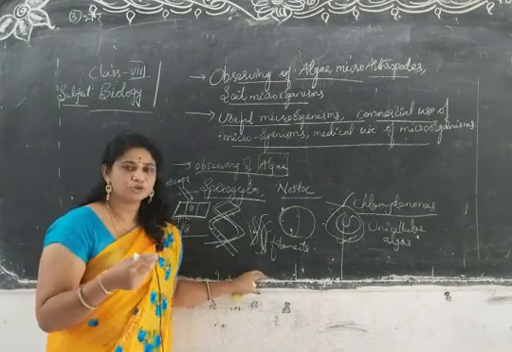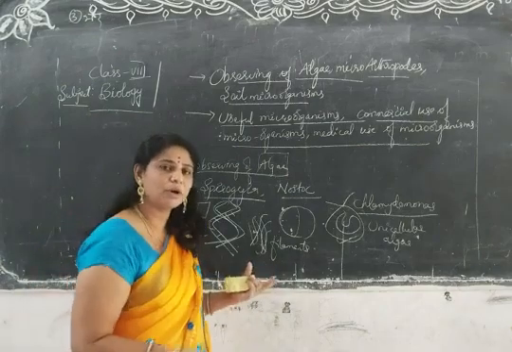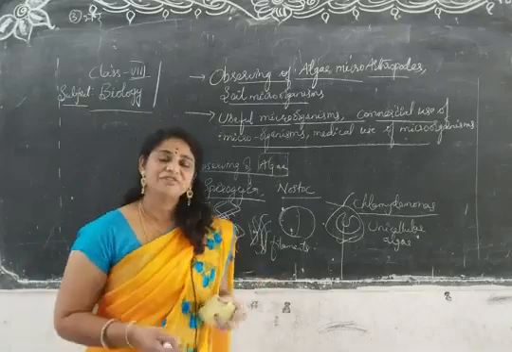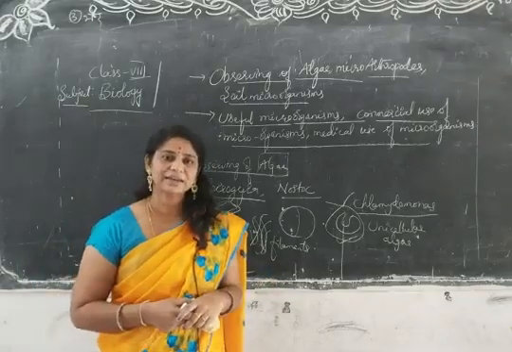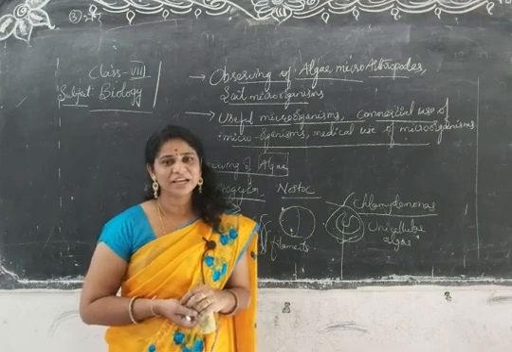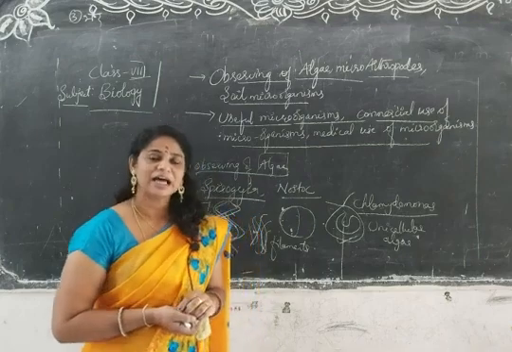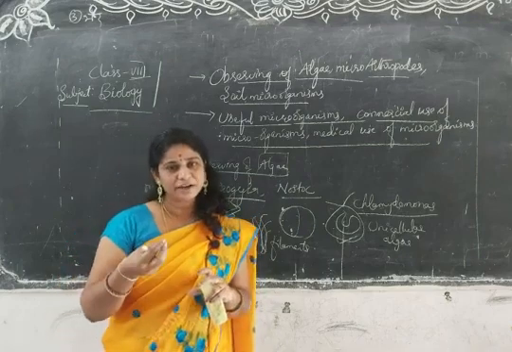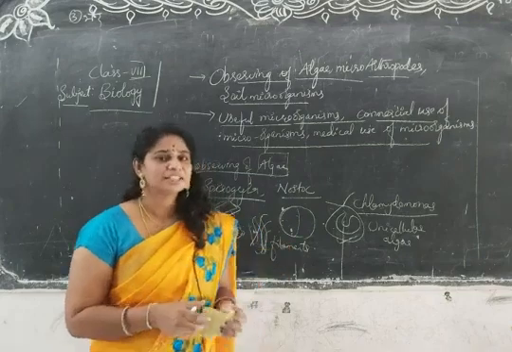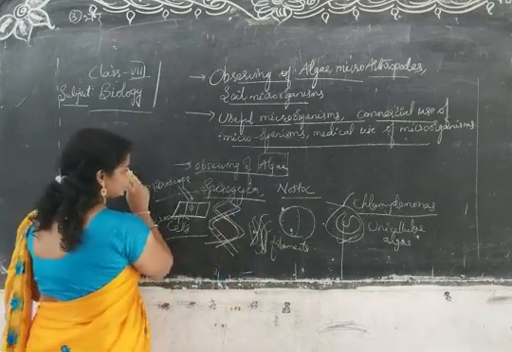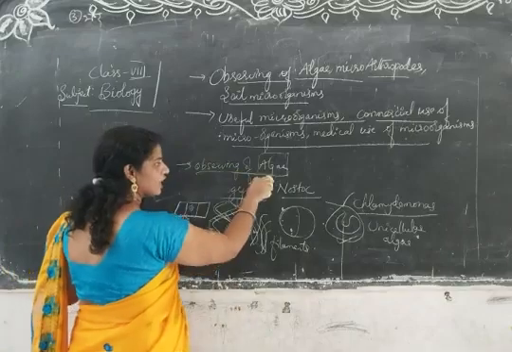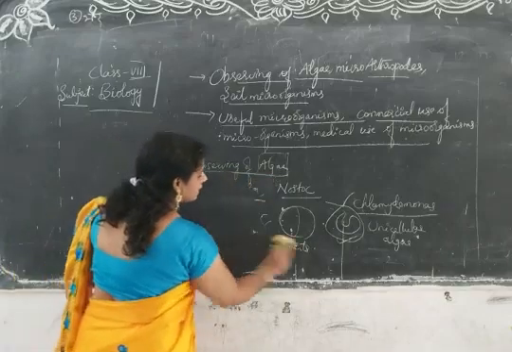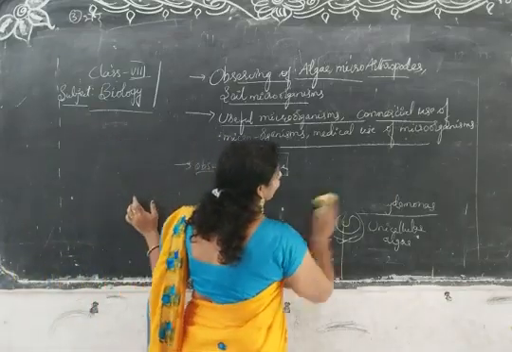To get algae, we have to go to a pond or a water area where water is stagnant. There we can observe algal formations. That algae we collect and place on the slide. This is the activity given for you, to see the observation of algae.